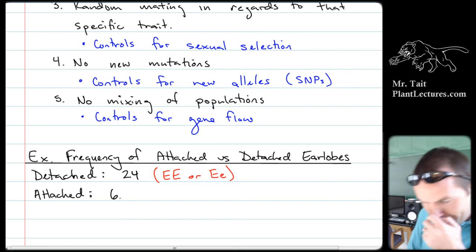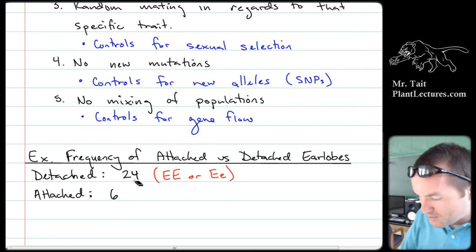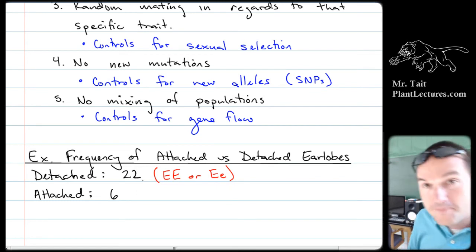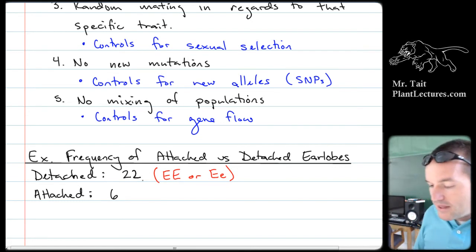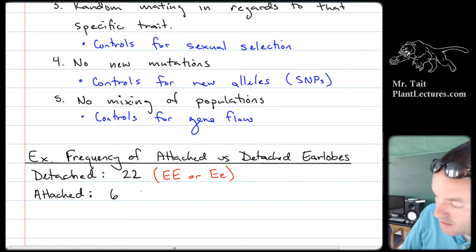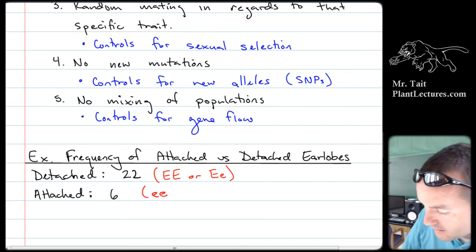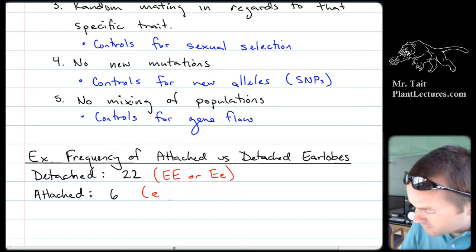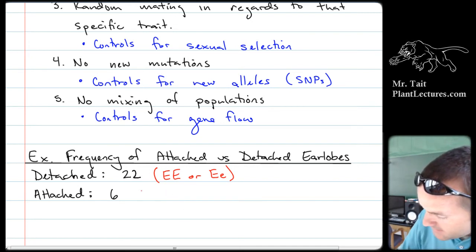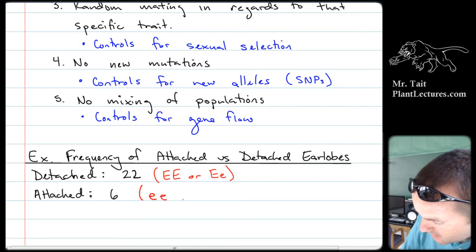Wait, what did you say, 22? Oh, sorry. Yeah, 22 and 6. My bad. So the people with attached earlobes are homozygous recessive, so they're going to be only little e, little e.